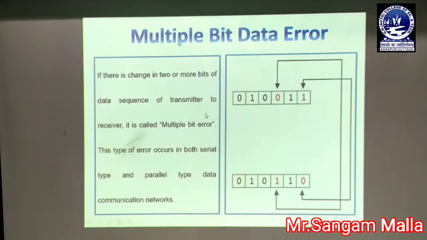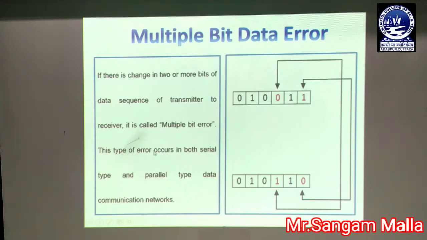As we discussed earlier, single bit error is an error in a single bit from the sequence of data, but in multiple bit data error we have errors in multiple bits. If we have an error in more than one bit, we call it multiple bit data error.